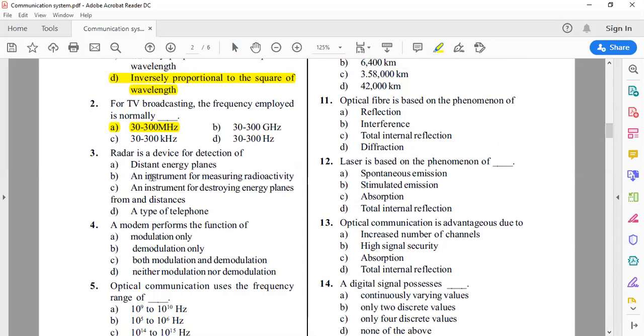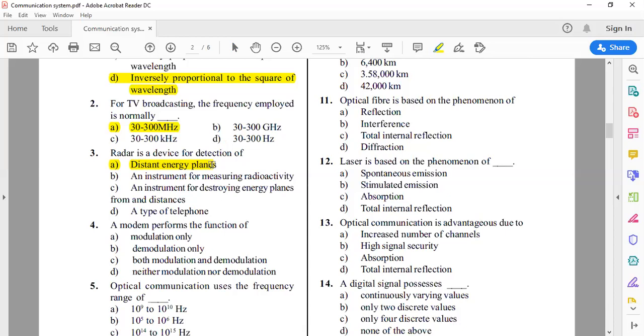So the correct option, distant energy planes. To find out the location and to measure the velocity of a moving body, radar is used. So the correct option for question number 3 is option A, and it is distant energy planes.